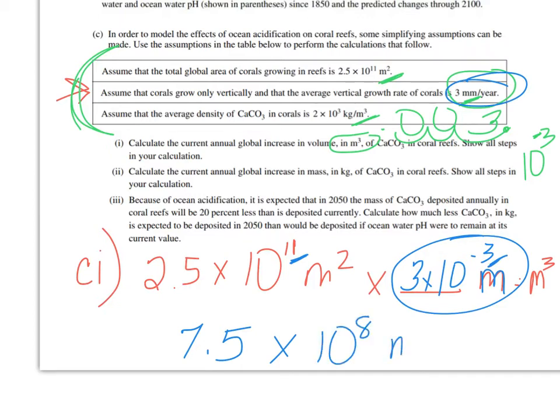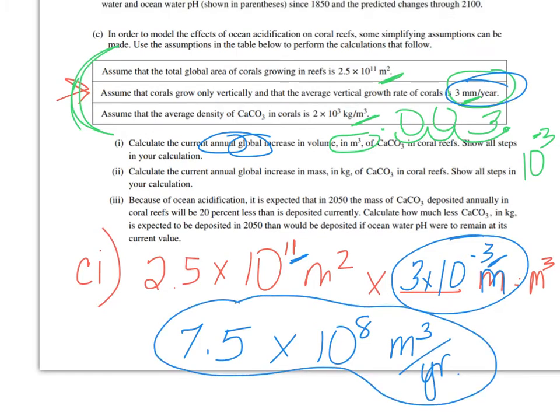And my answer comes out as meters cubed. And this happens to be per year because it asks for annual, which is per year. And so our answer is this. So you can see that once you get to the math, it is not hard. It's just figuring out what they want you to do that is the hardest part.